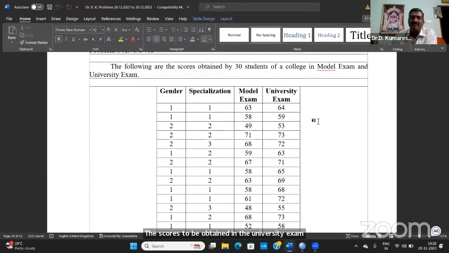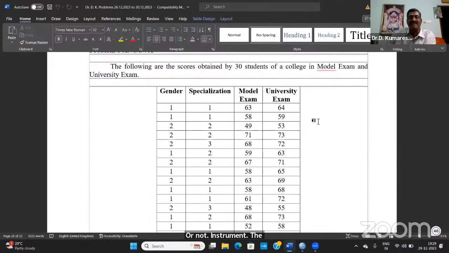So the model exam is the foundation based on which the university exam scores will be there. It is just an assumption, not actual. Actually, whether the model exam supports the students to perform better in the university exam or not is the matter.